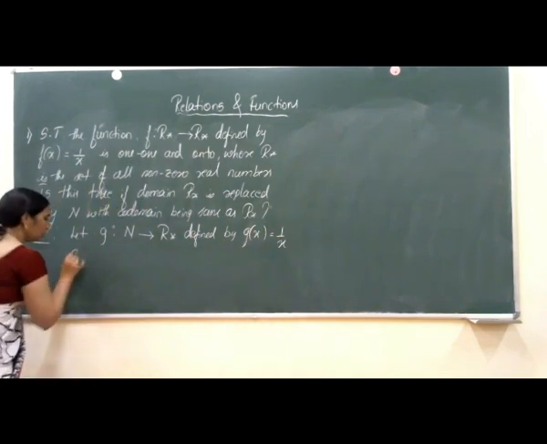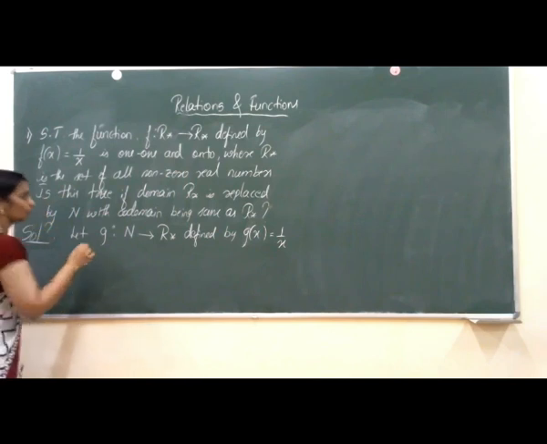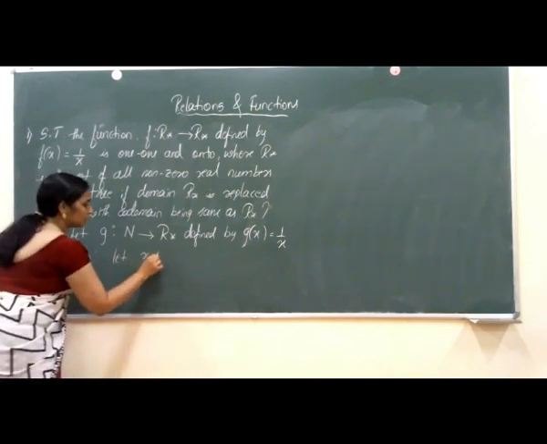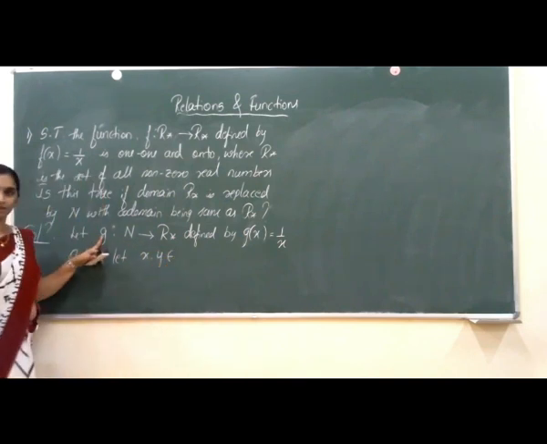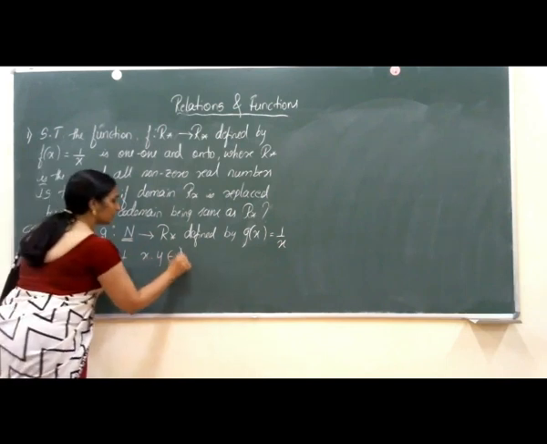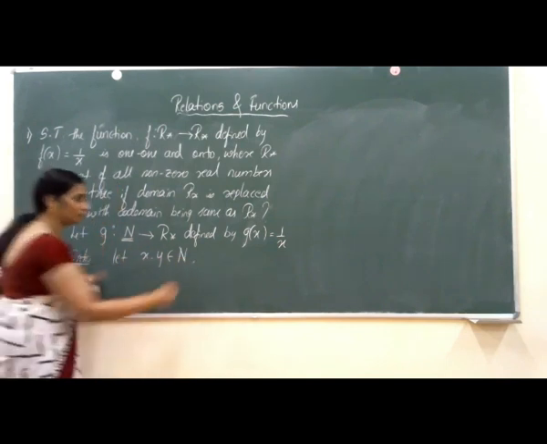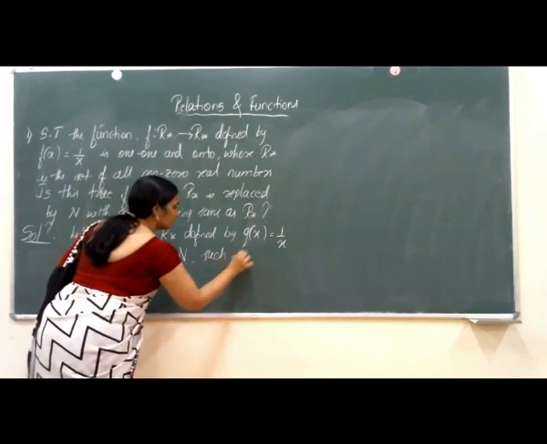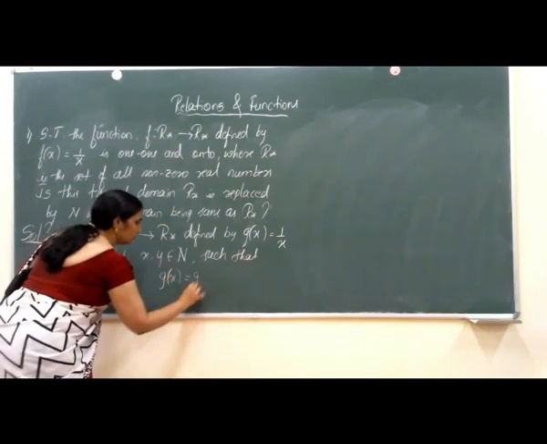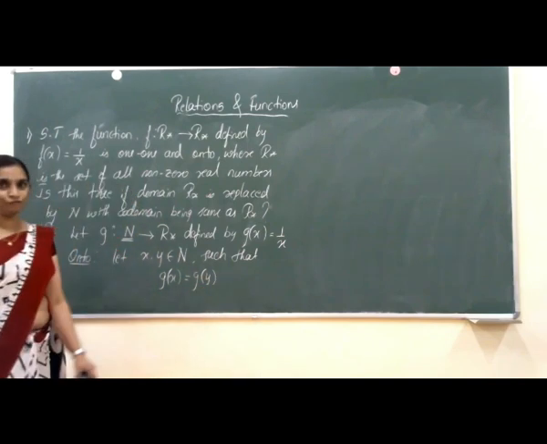So in order to check whether the function is 1-1 or not, what we do? Let x and y belong to the domain of the function, here the set of naturals. x and y belong to N such that g of x is equal to g of y.